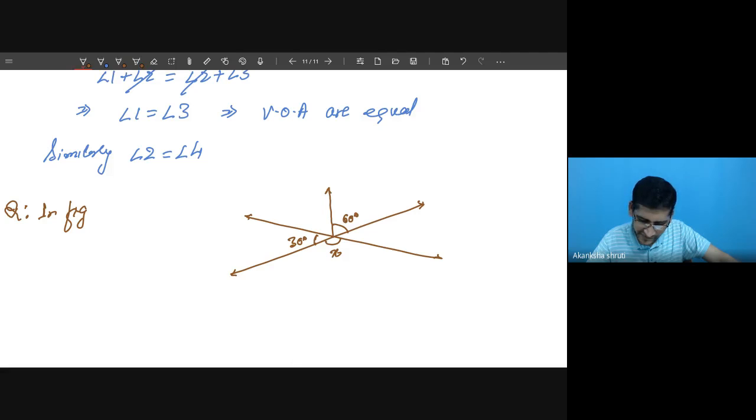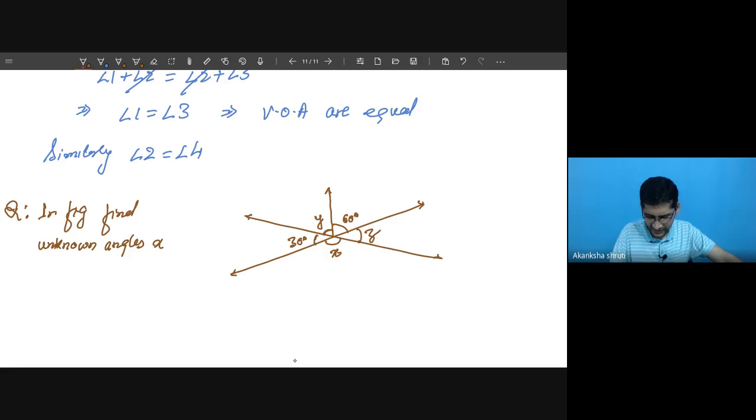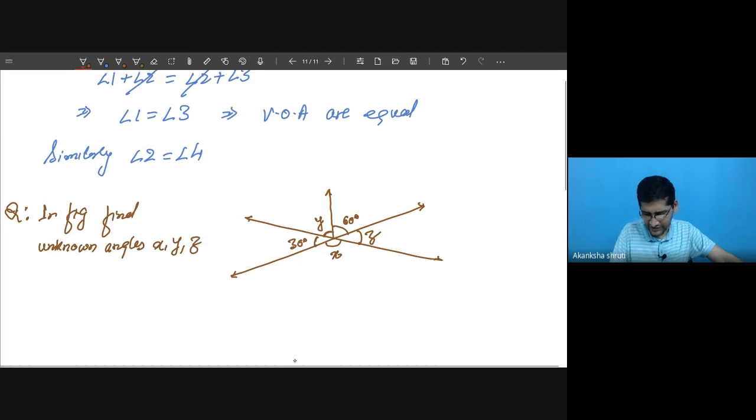X. And what is this angle? Y. And what is this angle? Z. So in the figure, find the unknown angles X, Y, and Z.